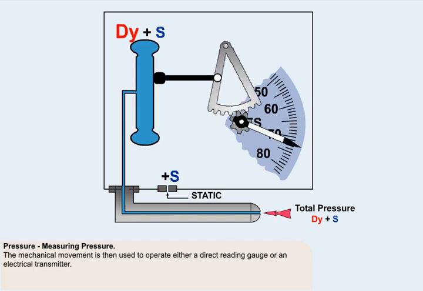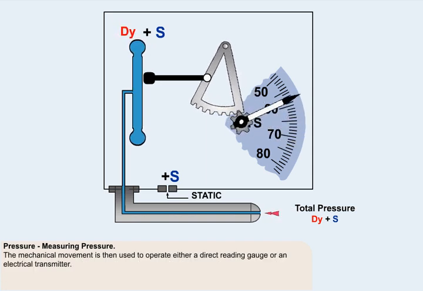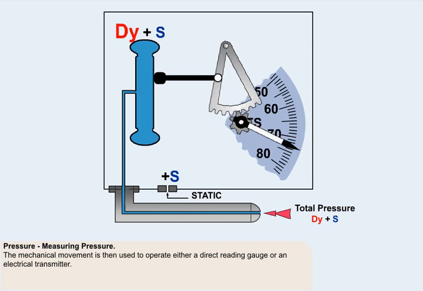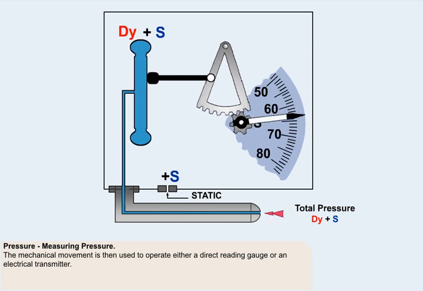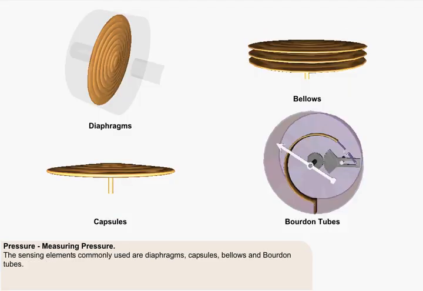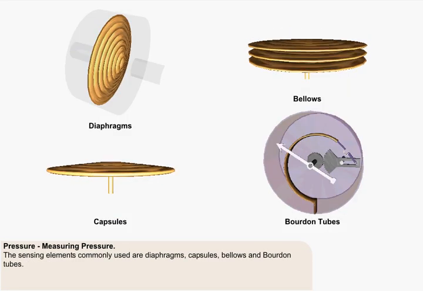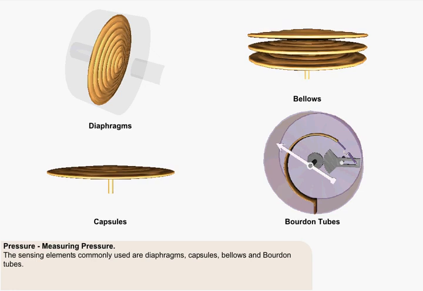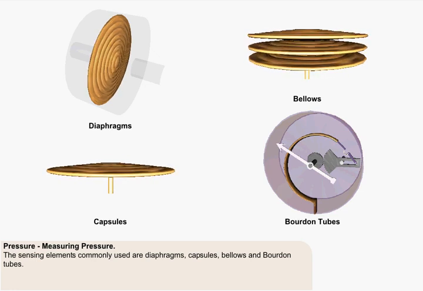The mechanical movement is then used to operate either a direct reading gauge or an electrical transmitter. The sensing elements commonly used are diaphragms, capsules, bellows, and Bourdon tubes.